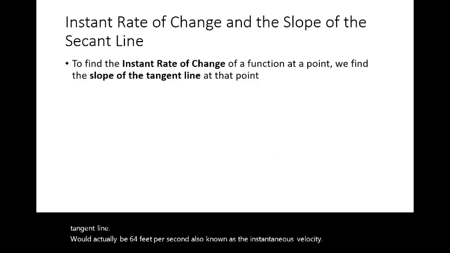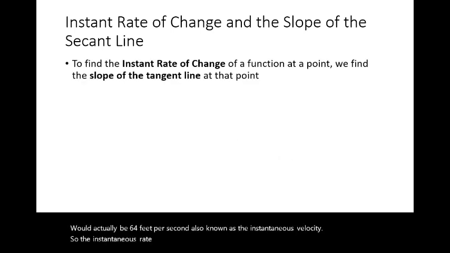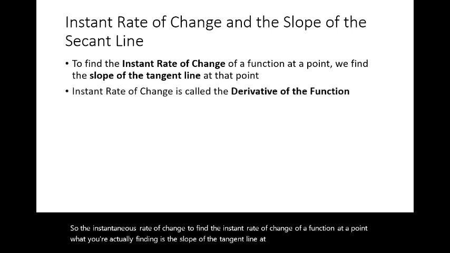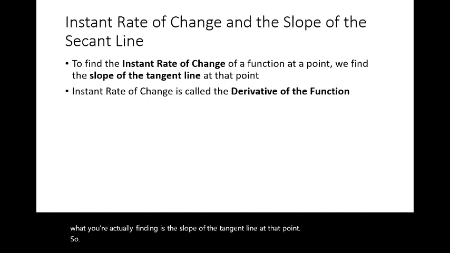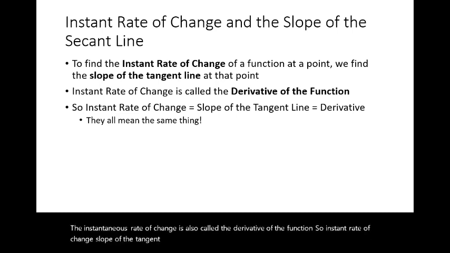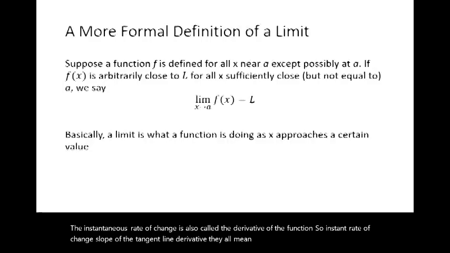So to find the instantaneous rate of change of a function at a point, what you're actually finding is the slope of the tangent line at that point. The instantaneous rate of change is also called the derivative of the function. So instant rate of change, slope of the tangent line, derivative, they all mean basically the same thing.